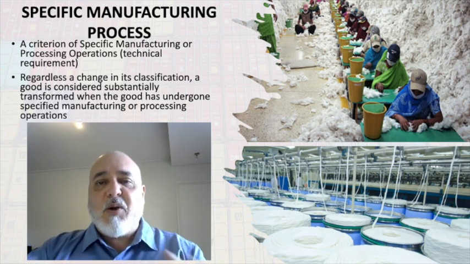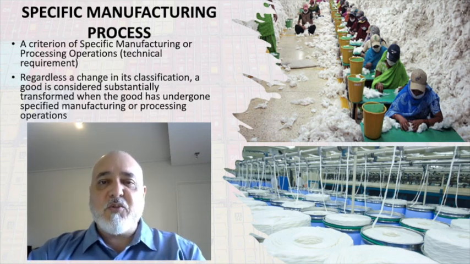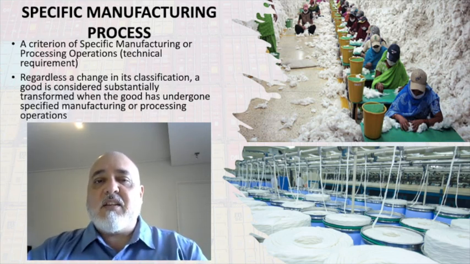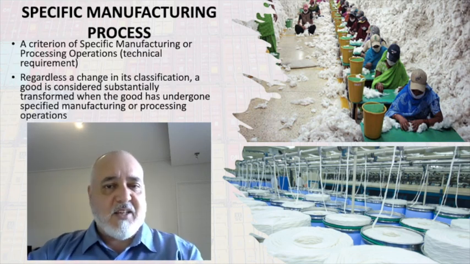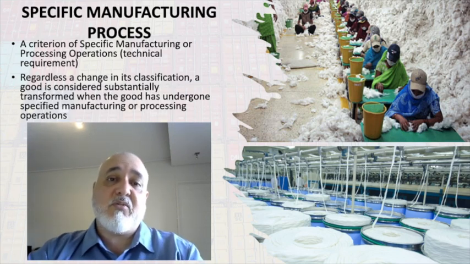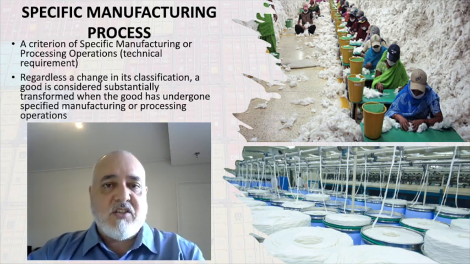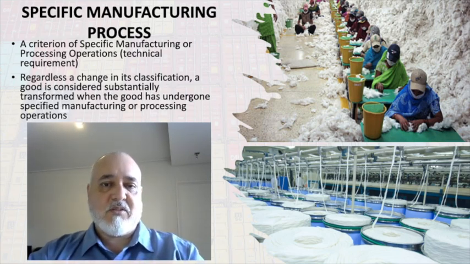Finally, summarizing all criteria and methods, remember, there are two basic criteria for establishing origin: wholly obtained or produced, and substantial transformation. The second criterion, substantial transformation, can be determined by three main methods: change in tariff classification, value add rule, and a specific manufacturing or processing operation.